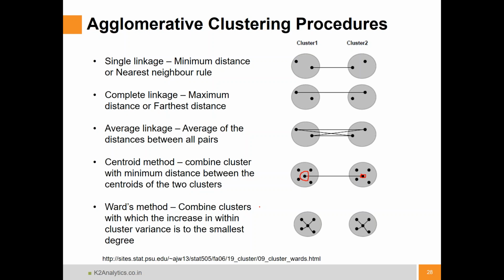What are we trying to do with the entire clustering process? We are trying to find a homogeneous set of customers. Why are we trying to find homogeneous? Because they have similar attributes.